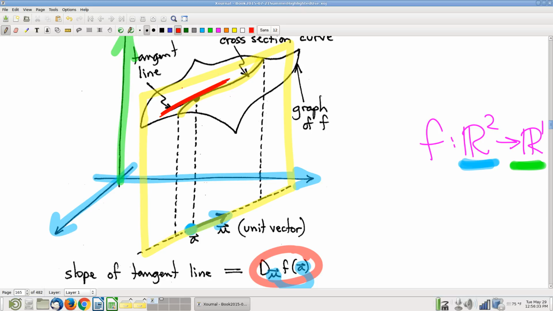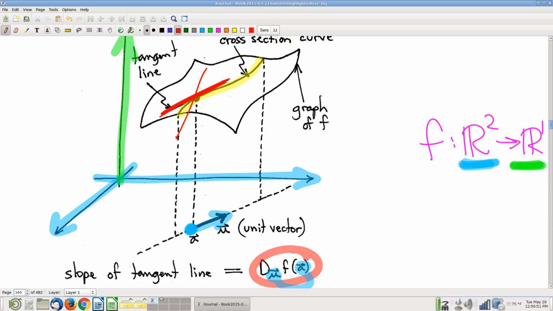So sloppily people will say it's the slope of the graph. Obviously it's the slope of the tangent line to the graph. But again, you have to asterisk it even more. Not just any tangent line. There's lots of tangent lines in different directions, right?